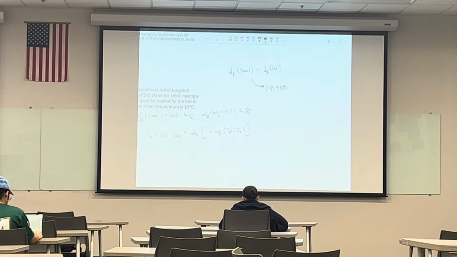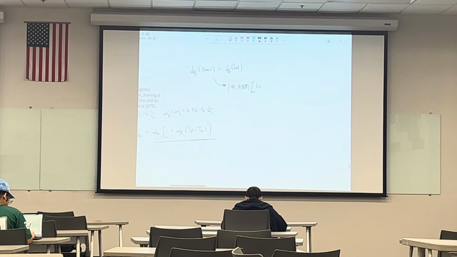So the final diameter of the steel, which is equal to basically all this, Celsius, and that is going to be equal to the final diameter of the tungsten, which we know is going to be 10 millimeters.